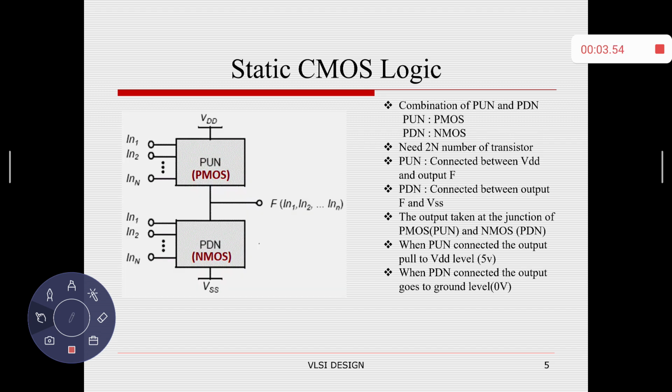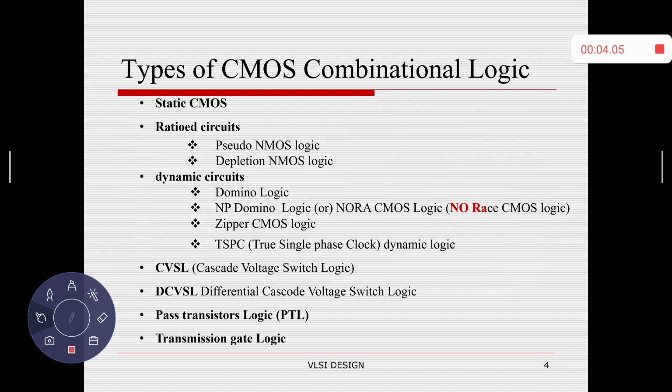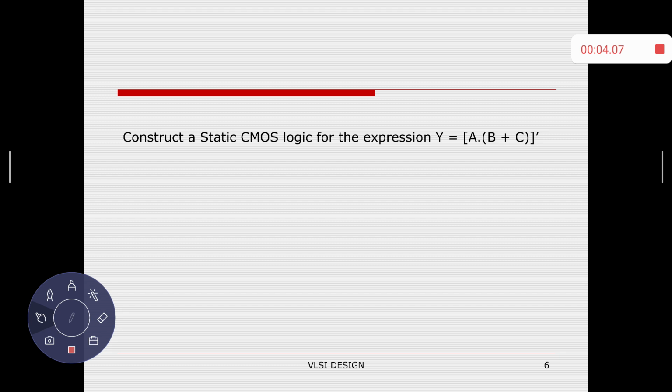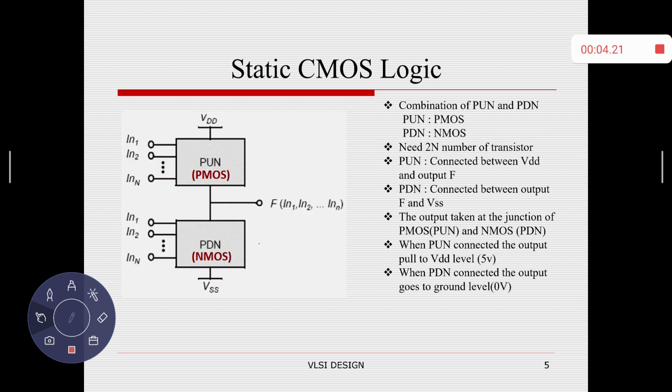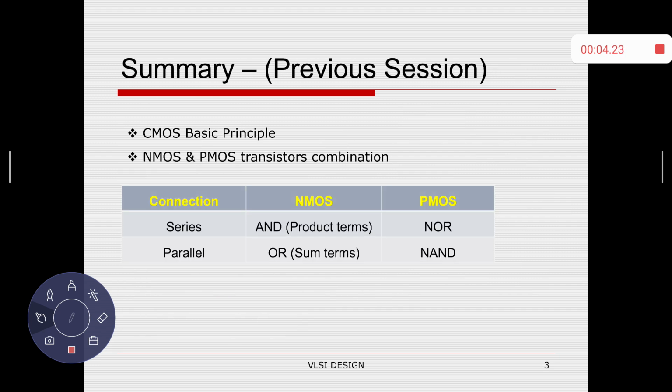For static CMOS logic, we need n PMOS and n NMOS transistors. The expression comprises 3 inputs, so we need 6 transistors, 3 PMOS and 3 NMOS. We can remember either the NMOS rule or the PMOS rule.